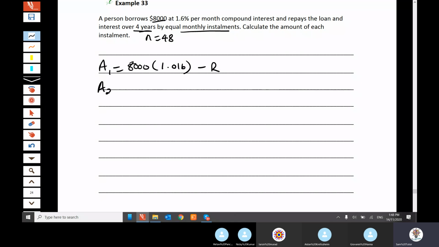A2. What happens in A2? Well, wouldn't A2 be if I had an A1, and then it's going to grow, and then I'm going to repay back some money? True? What's A1?